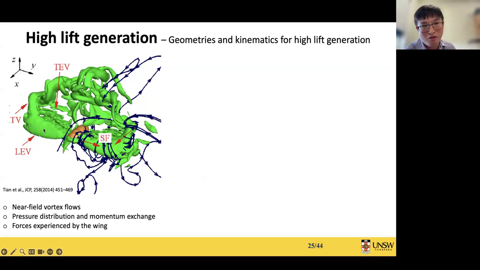I think it contributes most of the lift. And we have the tip vortex, the trailing edge vortex, and spanwise flows. Sometimes spanwise flows can contribute to the stability of the leading edge vortex.